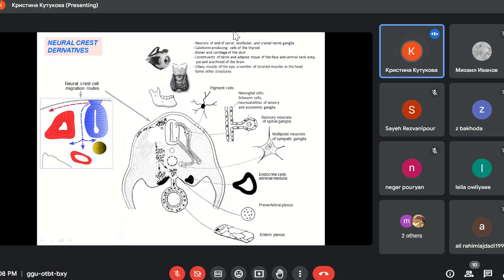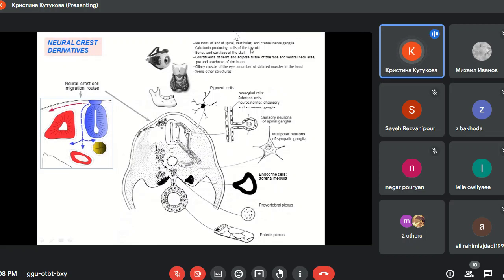Ganglia are groups of neurons outside of brain and spinal cord. So in our body we have neurons, nerve cells, not only in brain and in spinal cord, but also outside of them in peripheral nervous system. For example, we have neurons also in our intestines, in our gut, which is shown here.